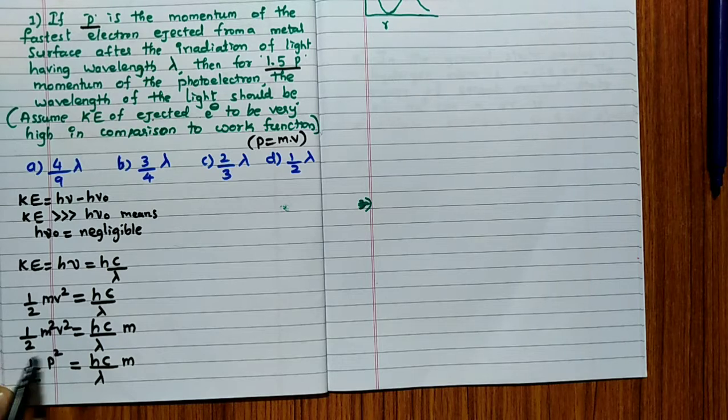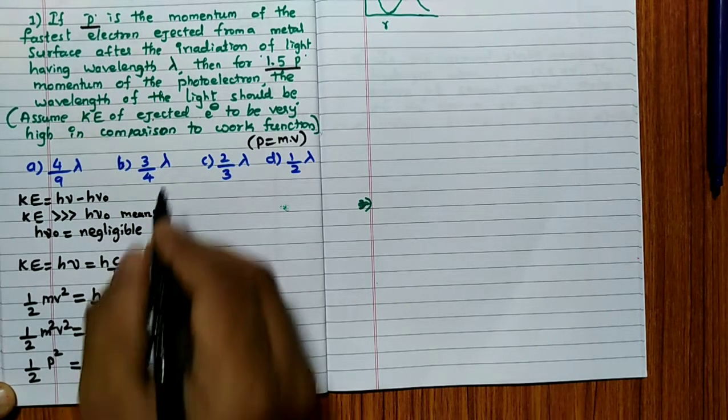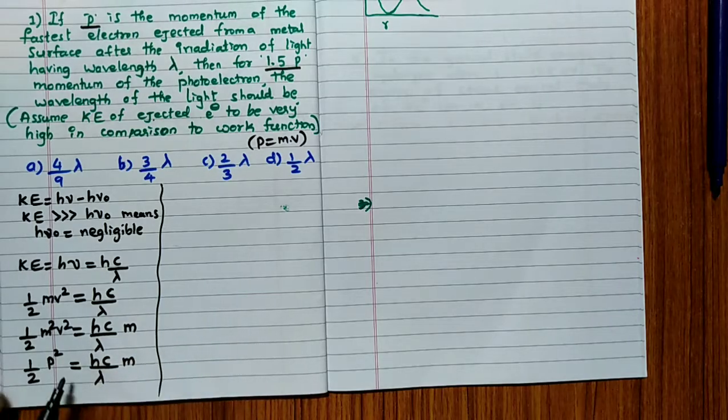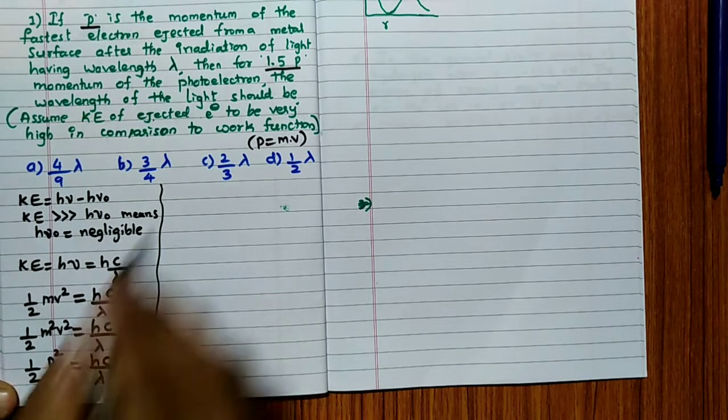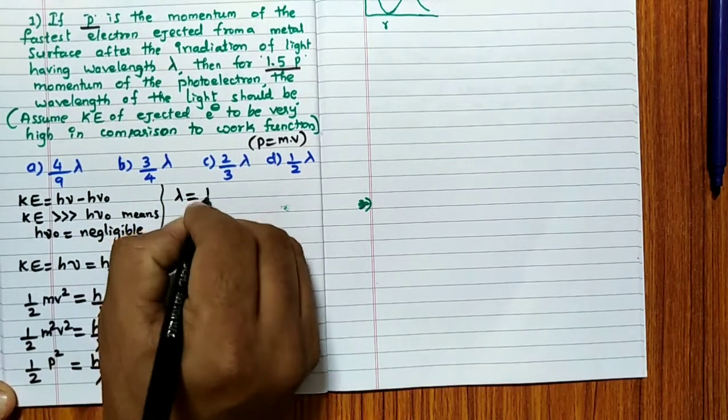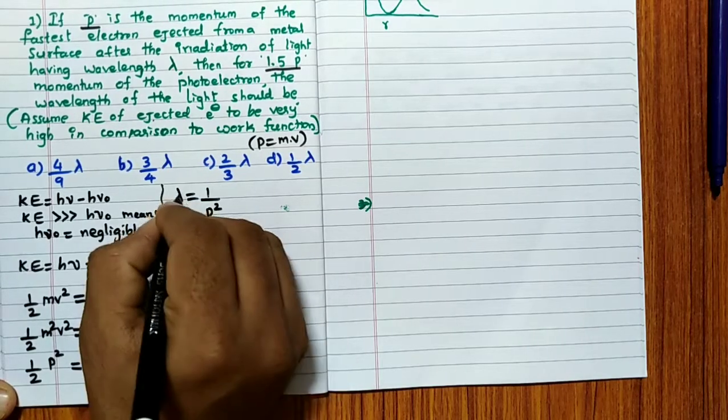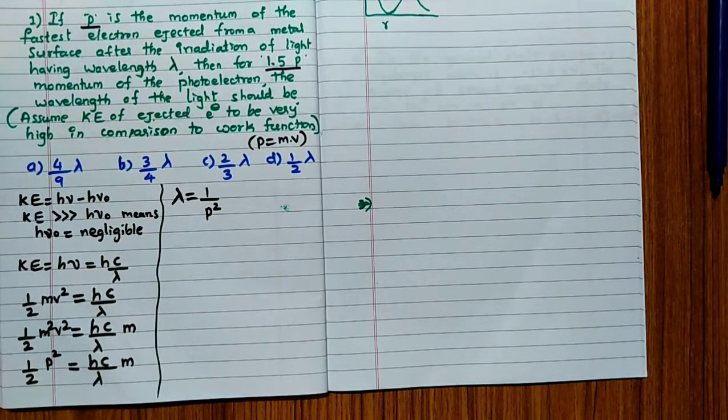Now we will remove all the constants, remember. See, half is constant, h is constant, c is constant, m is constant. Correct? M is constant. Hence I can write this relationship as lambda is equal to 1 by p square. Correct? Can I write this? Yes. See, hc by lambda, h constant, c constant, m constant. So lambda is equal to 1 by p square I have considered.